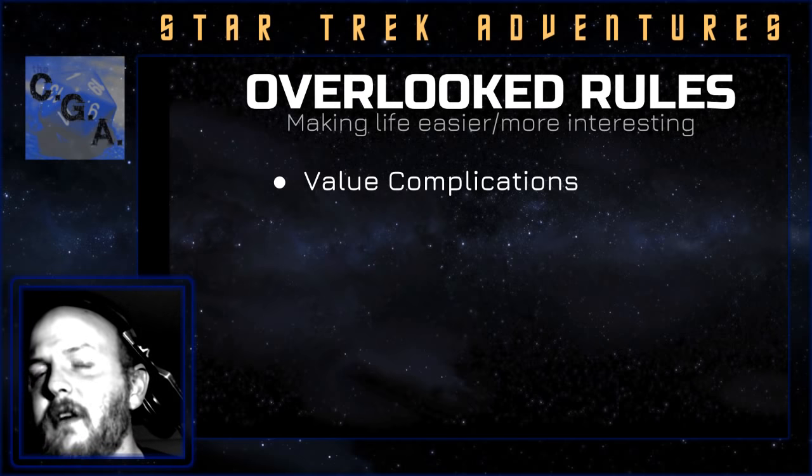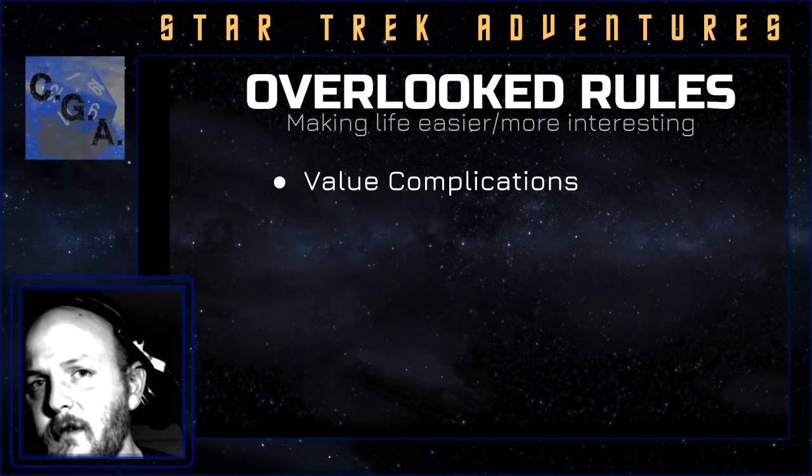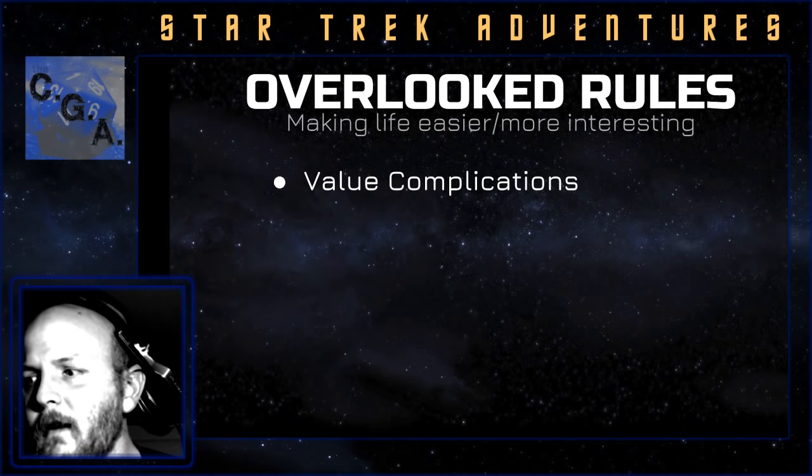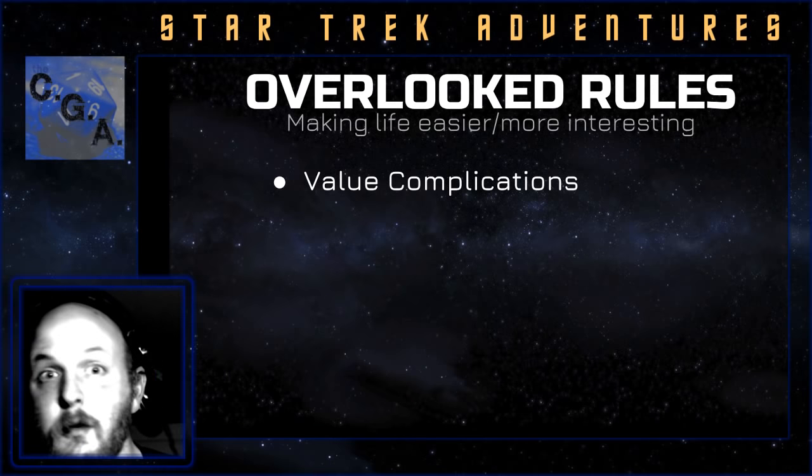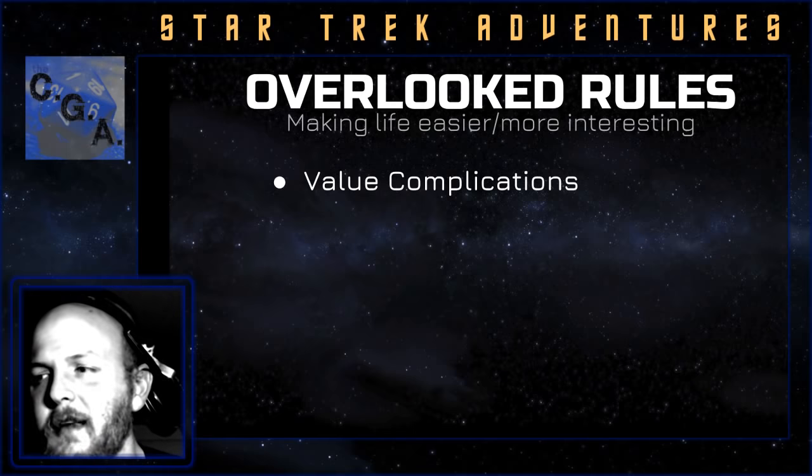So the thing about value complications is that if you get a point of determination by making a complication for yourself, you still can use that value to spend. You can say, man for all seasons, Riker. So man for all seasons can mean I love to date my coworkers. And so he makes that complication for himself.